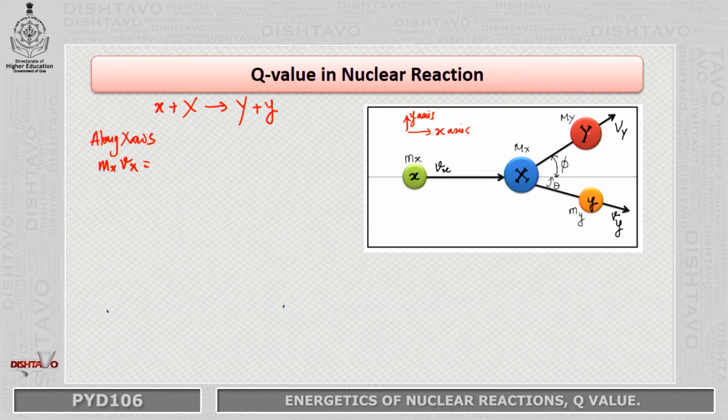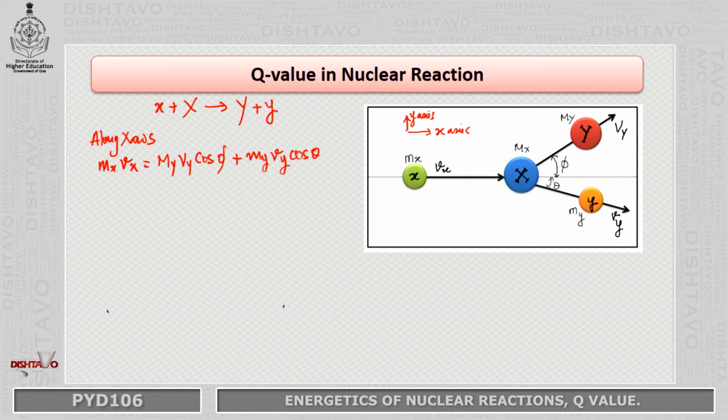So we'll have to add the momentums of these two products. That will be, for the product nuclei, it will be my vy, and we are taking the x component, so it will be cos phi plus my vy also will be cos theta.